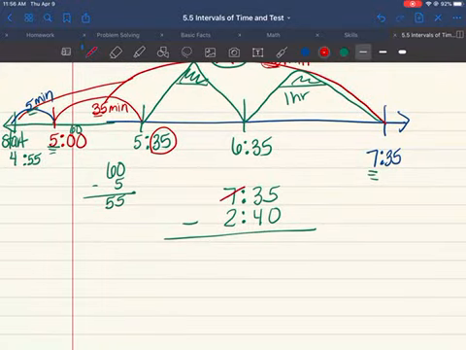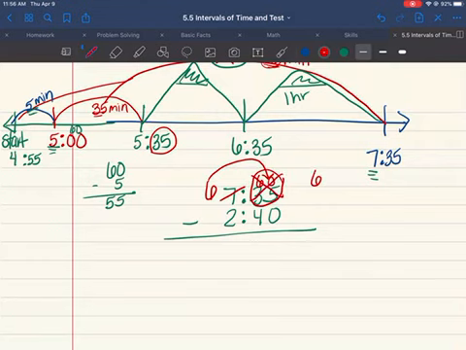So my 7 is going to become a 6. But when he's giving me the hour, that means he's giving me 60 minutes. So how many minutes is that going to be? 60 plus 35 is going to be 0 plus 5 is 5. 6 plus 3 is 9. 95 minutes.